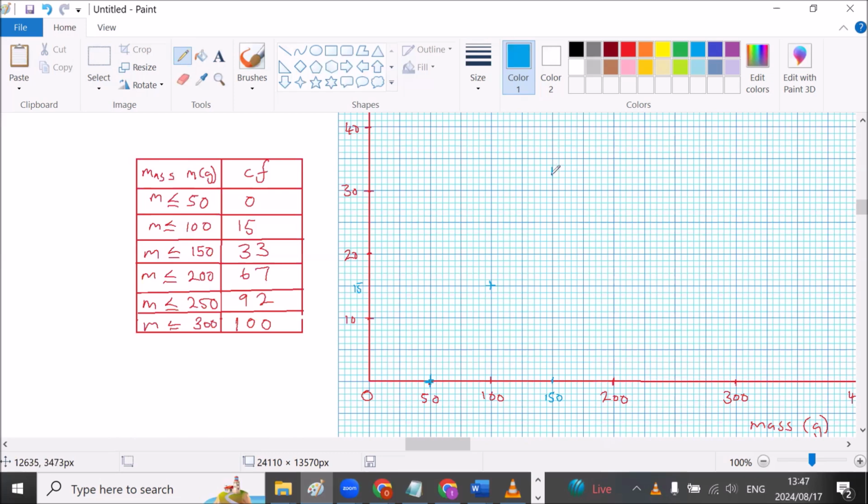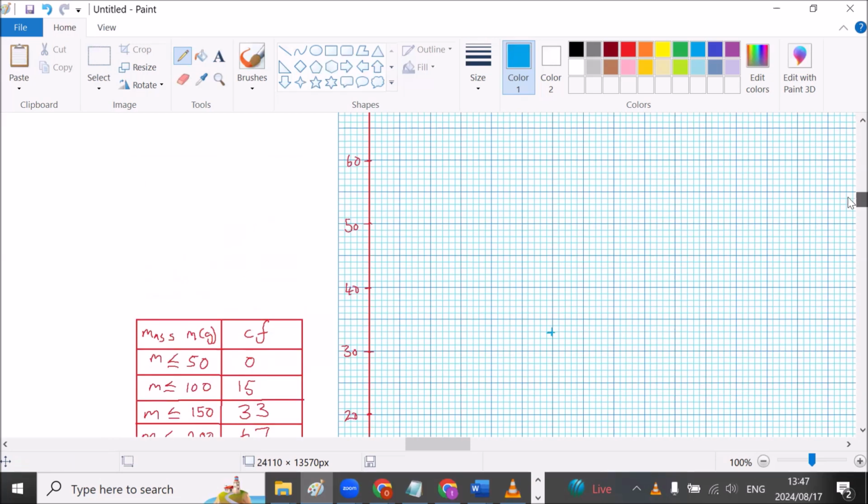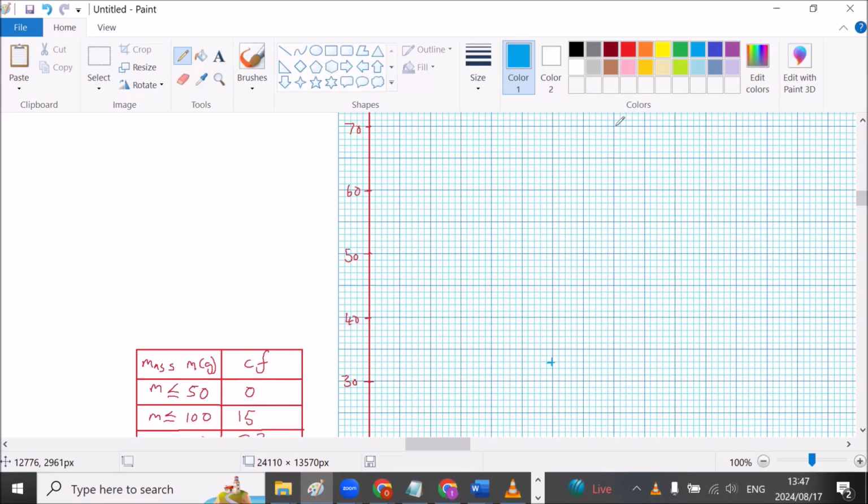So this is 33 there, 30, 31, 32, 33, coinciding with 150. Up to 200, we have 67 apples. 200 is here. We go up from 200 to 67, which is 3 below 70.